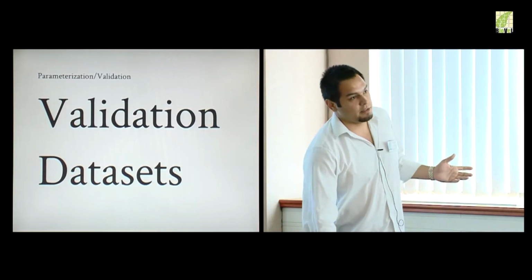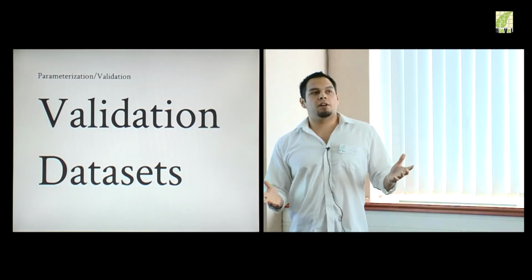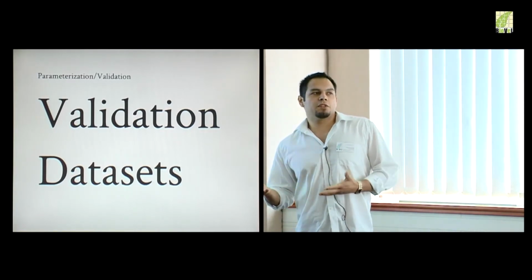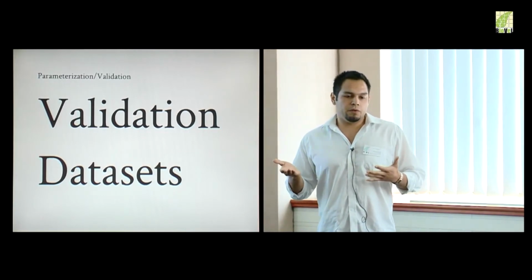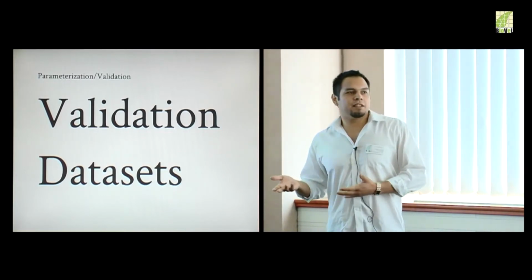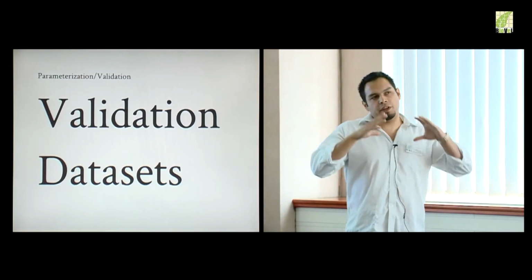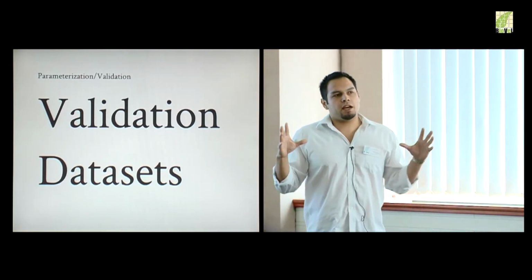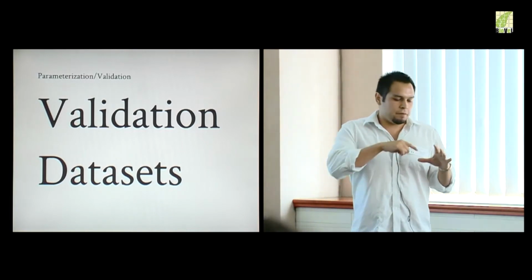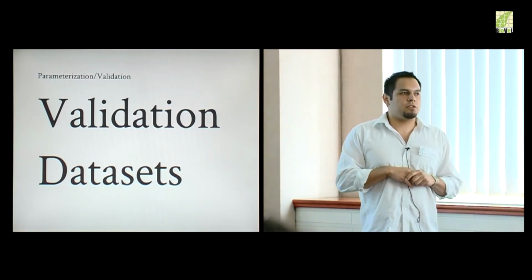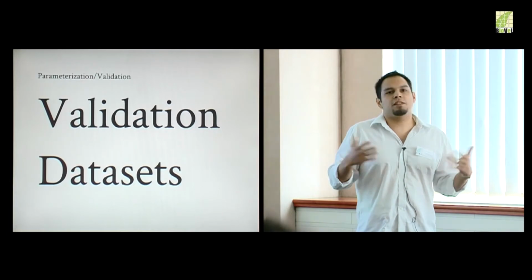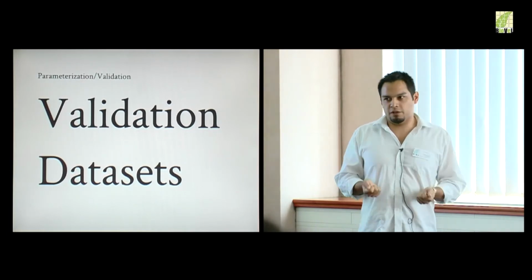And validation data sets. Traditionally, some people go to flux tower sites and validate their models via flux towers. But when you're thinking of huge areas at high resolution, even if you use all of the flux tower sites in Europe, this is not statistically significant to the amount of points that you have.